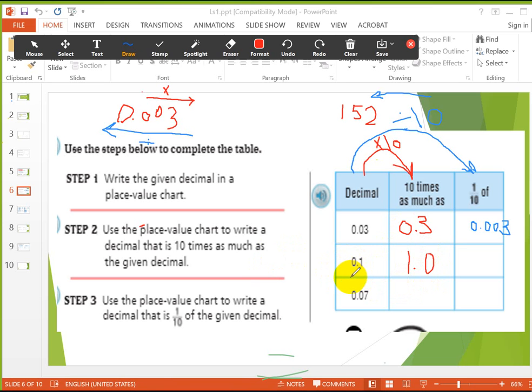Now, if I want to find the number that is 1 over 10 of 0.1, what I have to do? I have to move the decimal point into the left side. Look, this is the division.